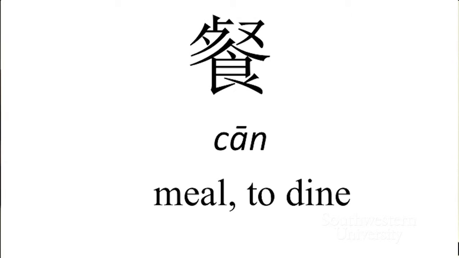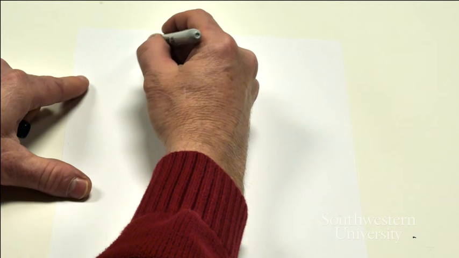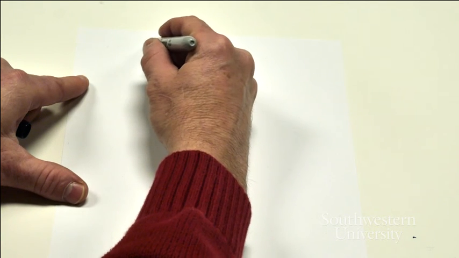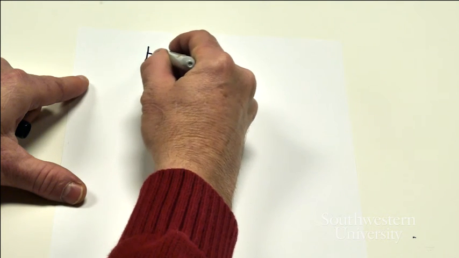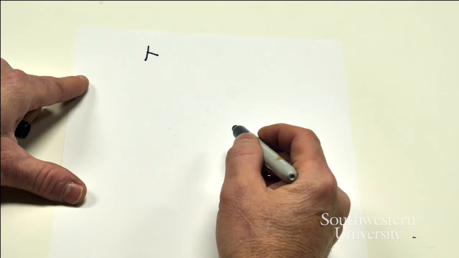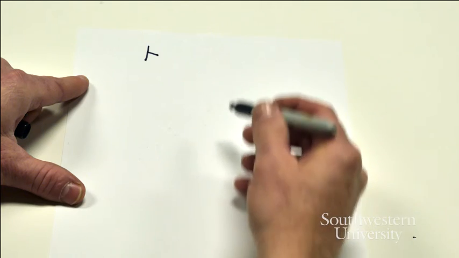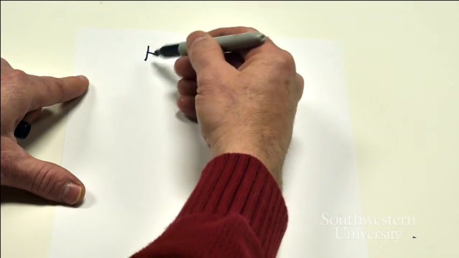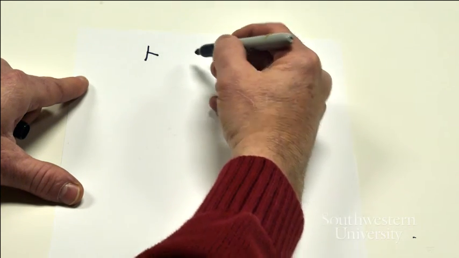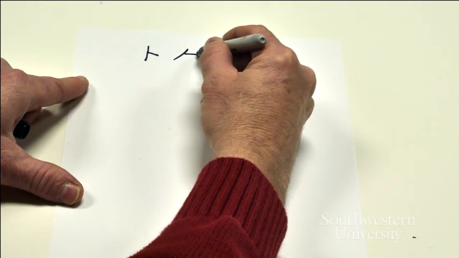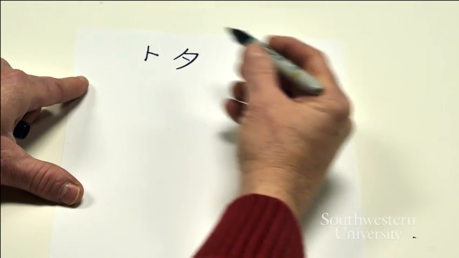Can. The top component of this is sometimes used as an unofficial simplification of the character. I think if they'd gotten around to it, they would have simplified this one. So what you have on the top is bu. Now, I don't know that this has any particular relationship to the meaning of the character, but bu, to crack or to tell a fortune. And then we have evening immediately beneath that, xi.